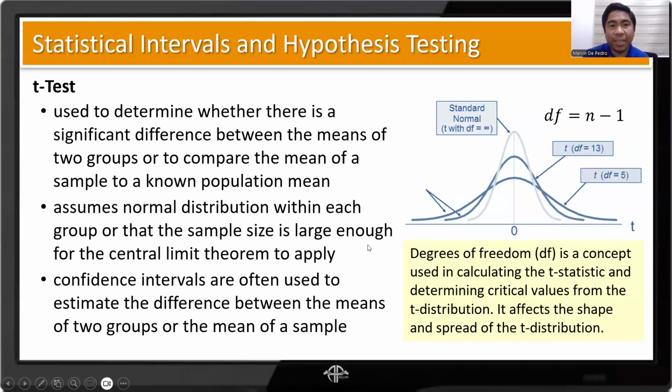We just make sure that the sample size is large enough for the CLT, or central limit theorem, to apply. And take note, confidence intervals are often used to estimate the difference between the means of the two groups or the mean of a sample.